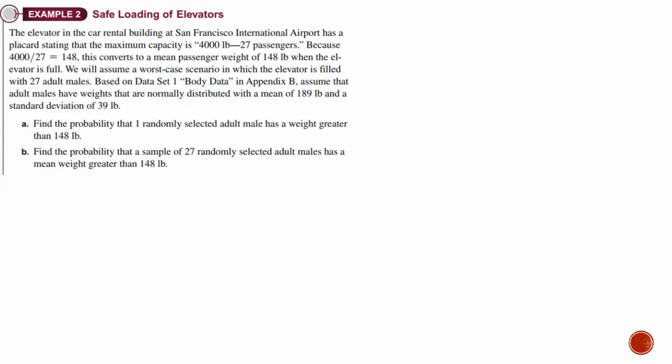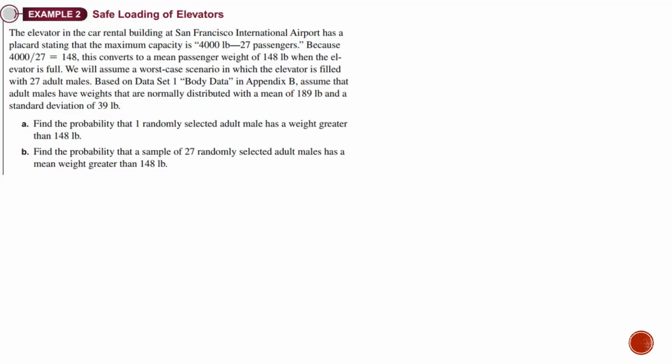We know it tells us here that adult males have weights that are normally distributed with a mean of 189 pounds, a little heavier than I would think, and a standard deviation of 39 pounds. That's a pretty big standard deviation. It's not crazy to find someone who weighs twice as much as someone else. Finding someone twice as tall as someone else is much less likely. So that's a small standard deviation.